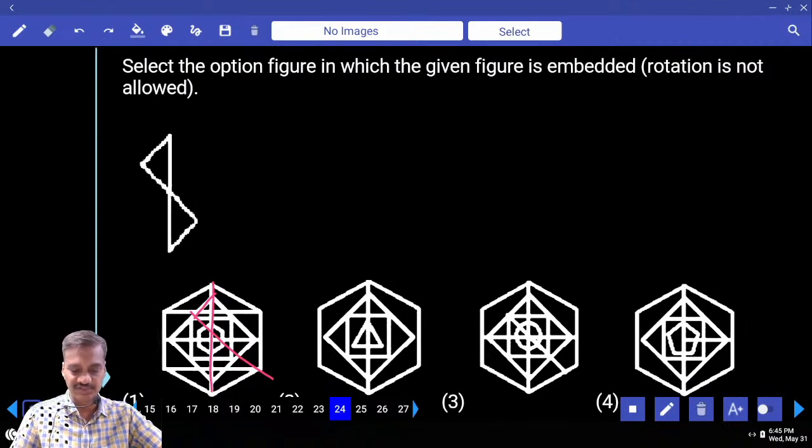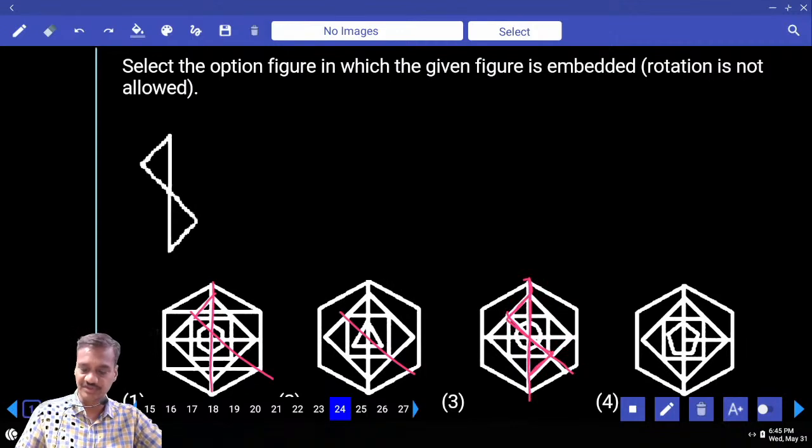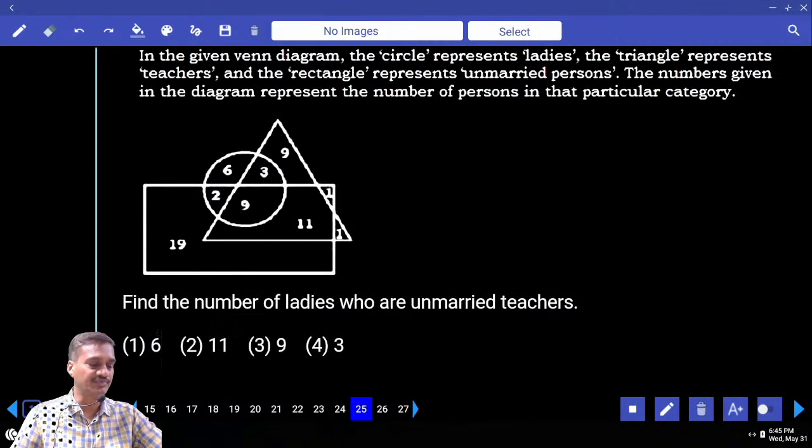Coming back to the second, here also this is not present. Here, this is the line we are talking about. Next from here, isn't it? And again this line. So what is your answer? Choice 3, question 24.